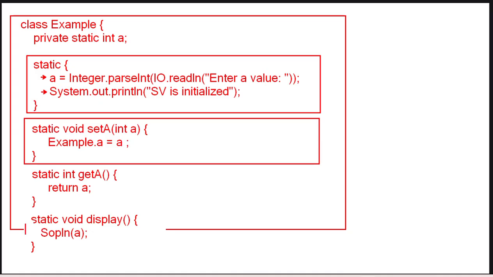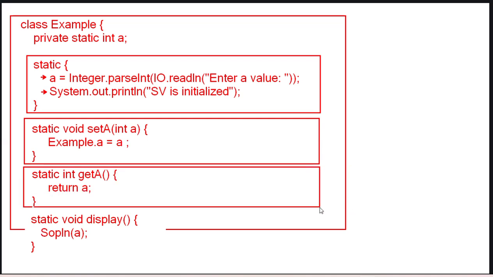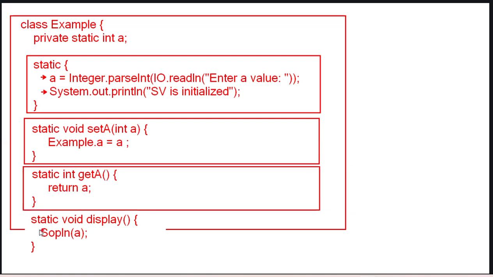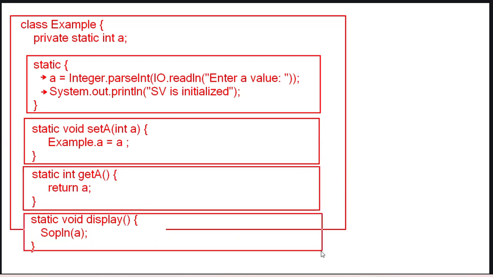These static methods are not meant for initializing. Static methods are meant for taking the existing value available in the static variable and performing operations. That operation can be a setting operation, a getting operation, a business operation, a printing operation, or any other operation.